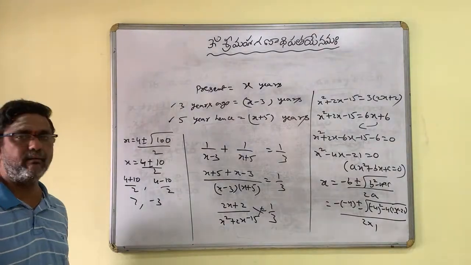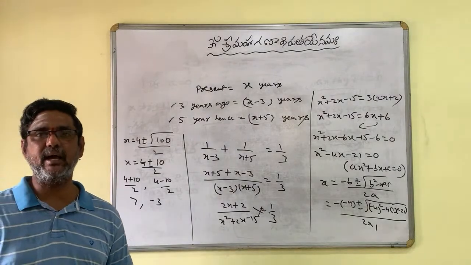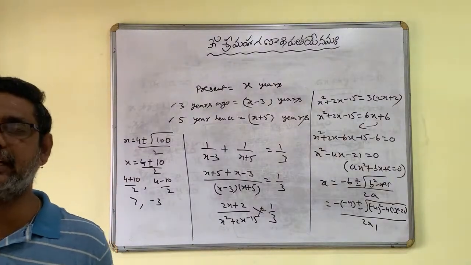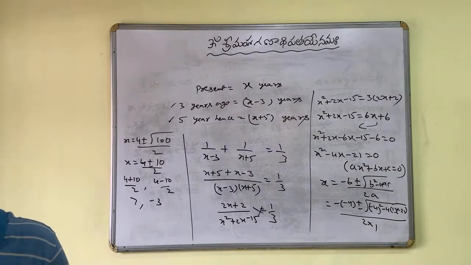Here we cannot take the negative value because x represents the age of Rahman. Age cannot be negative, right? So we need to take only the positive value, that is 7.